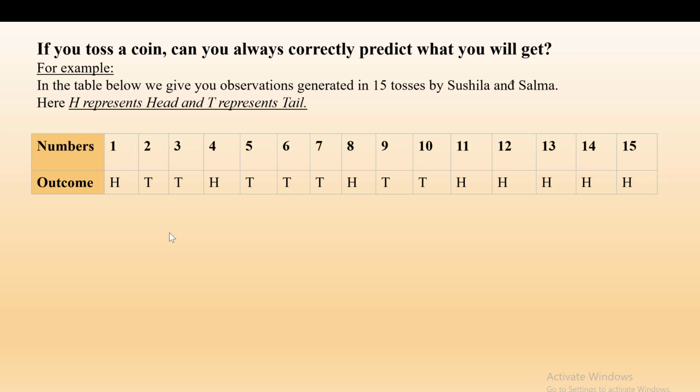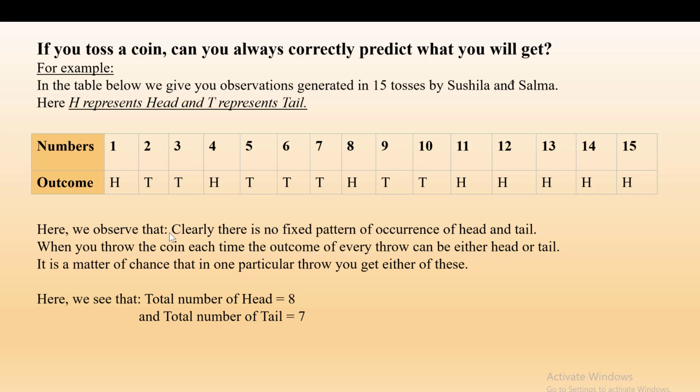It may be head or it may be tail. Similarly, you see the other outcomes. There are 15 outcomes. In these outcomes, we do not see any pattern. Here, we see that the total number of heads equals 8 and the total number of tails equals 7.